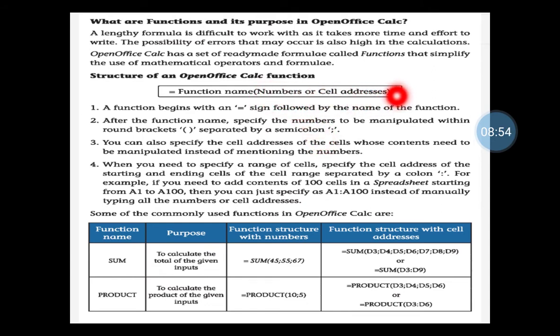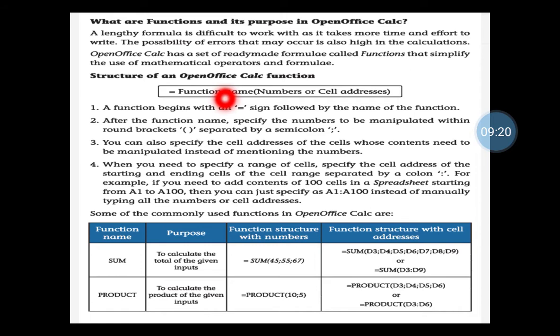One by one you have to write the numbers. How will you separate the numbers? With this symbol, called a semicolon. You have to use this semicolon after writing one number. If you want to do a calculation like 100 plus 200, you are going to add numbers, so you have to write the function name sum here, because you are doing the sum.